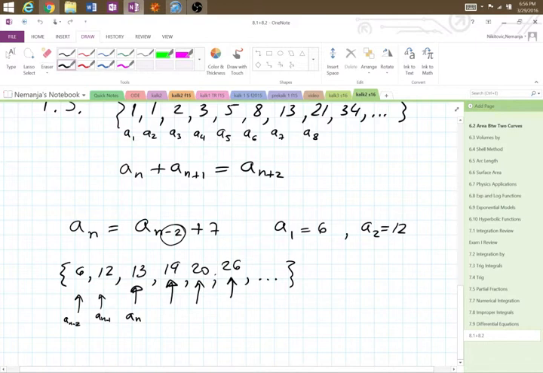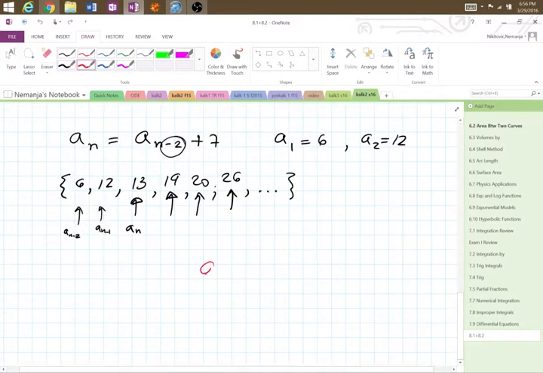If you pinpoint any term in a sequence as an, the next term must be an plus 1, and the term before must be an minus 1, because it's the first term before an and the first term after an. So it's just chasing these locations, and that's all done through ordering. Right? 1, 2, 3, 4, 5, and so on. So that's what we have.